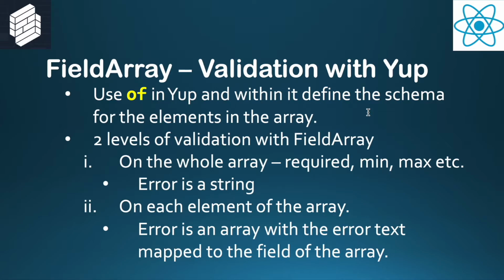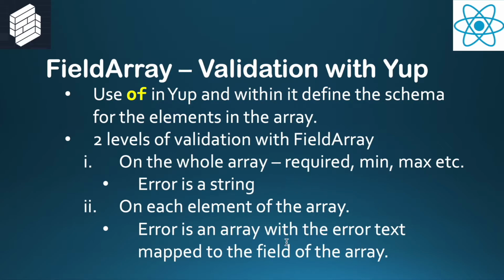So there are two levels of validation that we can define with FieldArray. On the whole array, for example, in this case, the shopping list should have say a minimum of 2 items. The shopping list is required. So that is on the whole array, and the error message in that case is a string. And then within each element of the array, so each item, the product name should not be empty, or the product name should have a minimum of 3 characters, or there could be something else. If there's a number we are taking in, on which we need to run some validations.